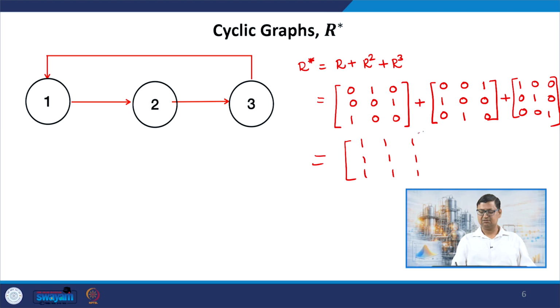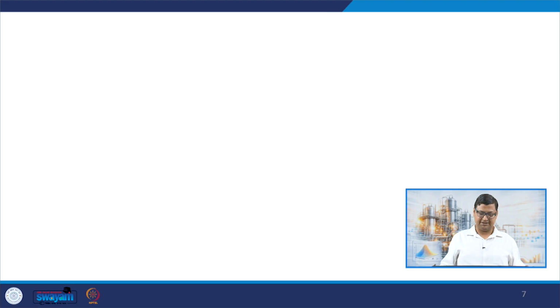What this means is that I can reach any vertex from any vertex if I do not care about the number of steps it takes, right? So pretty much we have a loop forming. So from 1 I can go to 2 and 3, from 2 I can go to 3 and 1, and from 3 I can go to 1 and 2. In fact, I can also visit the same vertex: 1 to 1, 2 to 2, and 3 to 3, right? So therefore, this R star contains all ones in the matrix.